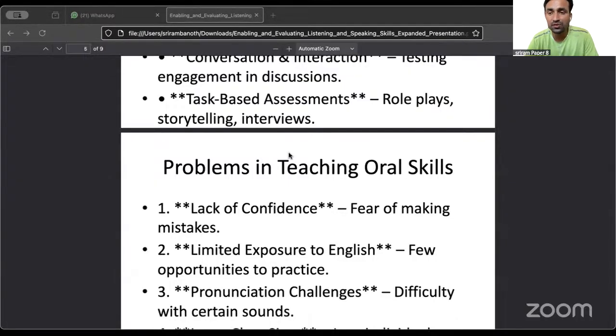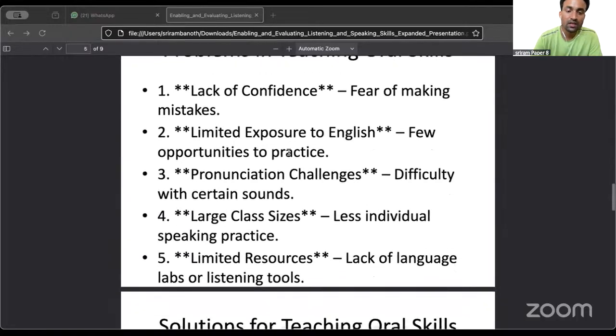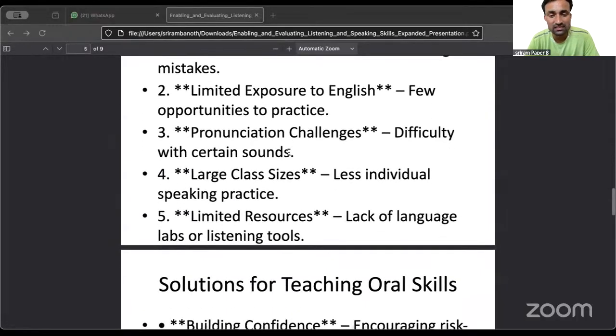Problems in teaching oral skills: lack of confidence, fear of making mistakes, limited exposure to English, few opportunities to practice, pronunciation challenges, difficulty with certain sounds, large class sizes, less individual speaking practice, limited sources, lack of language labs or listening tools.